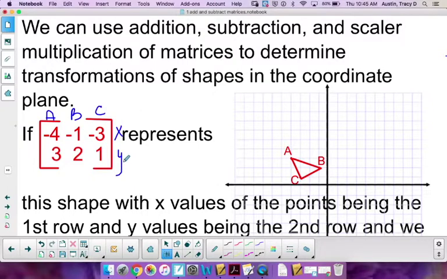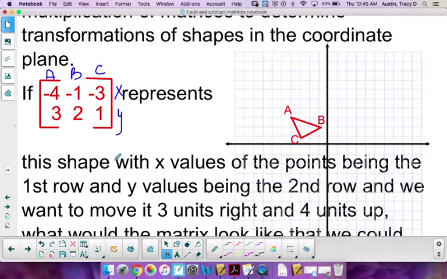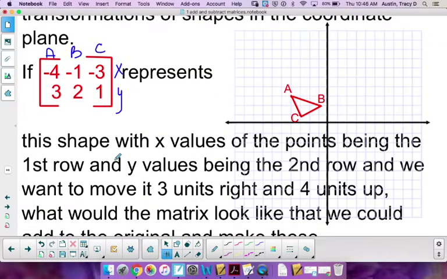Now, this is very, very important as far as knowing this because of performing the transformations. If I want to move this triangle 3 units to the right, so that's affecting the x's, and 4 units up, I have to figure out what the matrix would look like that would perform that transformation.